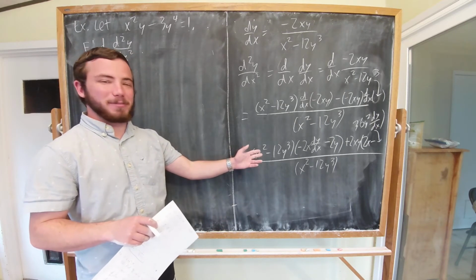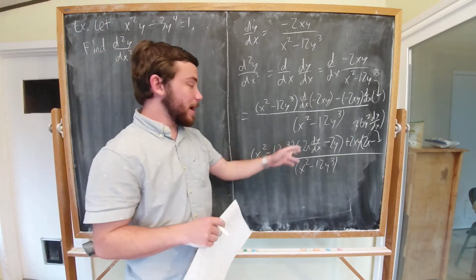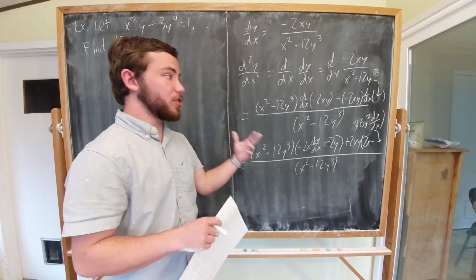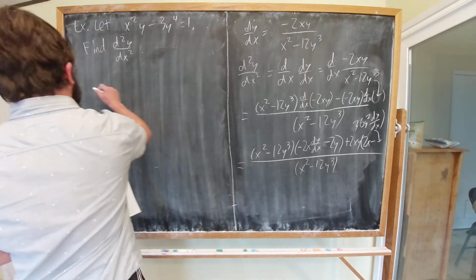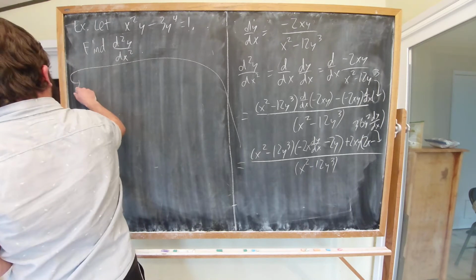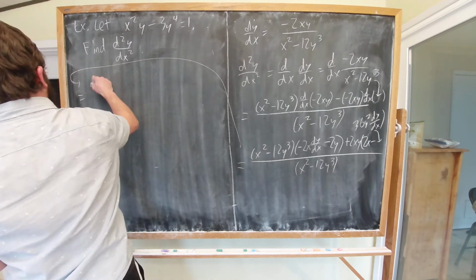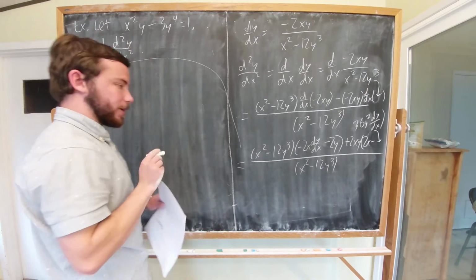Okay, let's do some simplification. We want to get the dy/dx's as much as we can all together. So let's get the dy/dx term by itself. You might be like, well, why do I still have the first derivative term if I'm trying to find the second derivative? We'll get there.